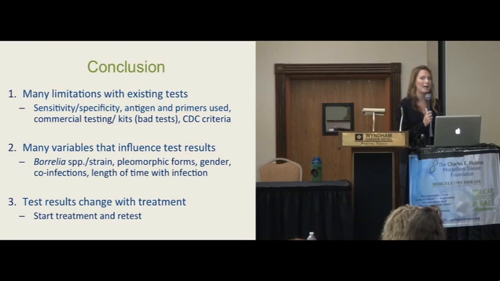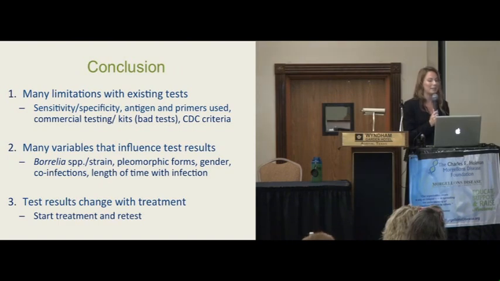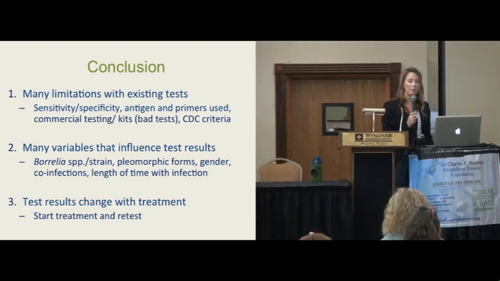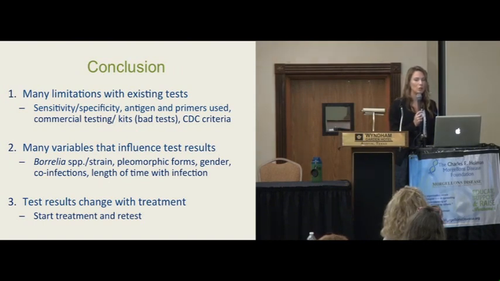There's now the relapsing fever Borrelia, which is a completely different group of bacteria. Again, there are bad tests. We have the CDC criteria. And there are a lot of different variables that can influence the test results: species, strain, the pleomorphic forms we talked about, the gender bias, co-infections, and the length of time with infection. And test results do change with treatment. So you have to start treatment and then retest.